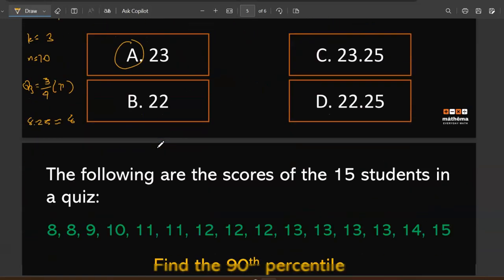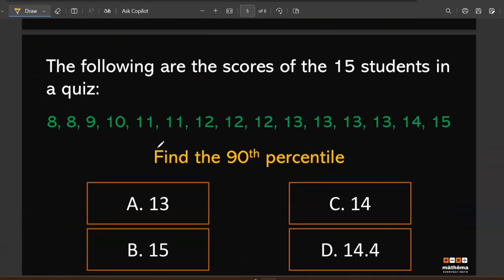Next item. This time we are given the scores of the 15 students in a quiz: 8, 8, 9, 10, 11, 12, 13, 14, and 15. We are asked to find the 90th percentile. Again, P sub k is equal to k over 100 times n plus 1.